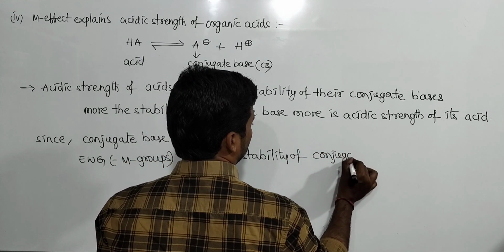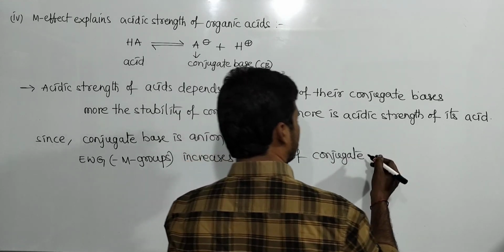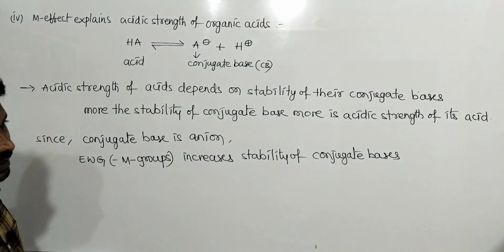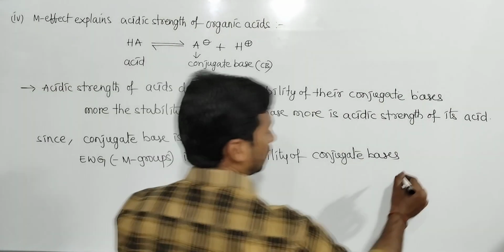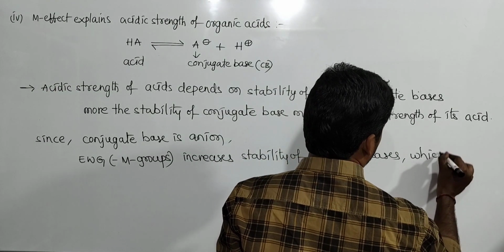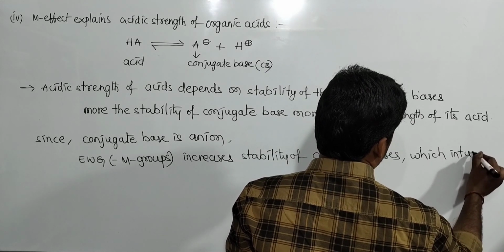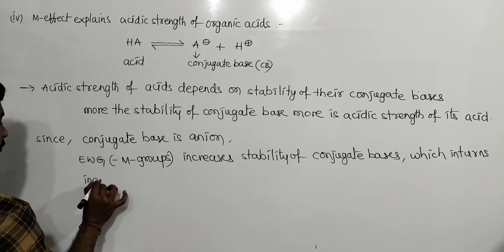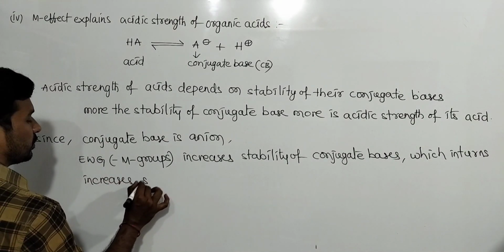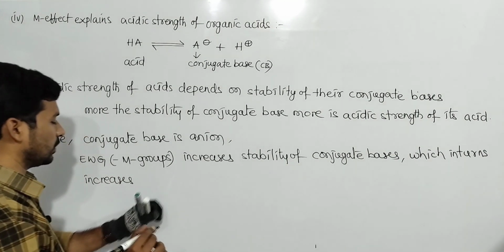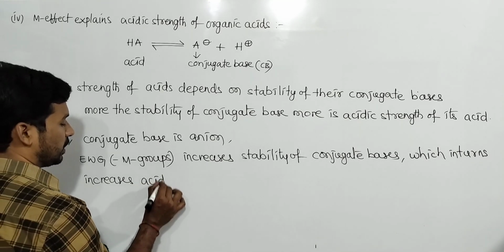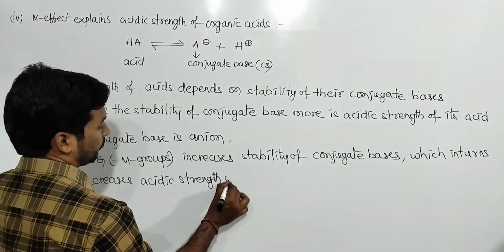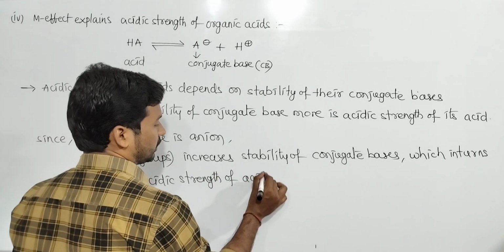Conjugate base is an anion, and electron withdrawing group increases stability of anion. So electron withdrawing group increases stability of conjugate bases, which in turn increases acidic strength of acids.